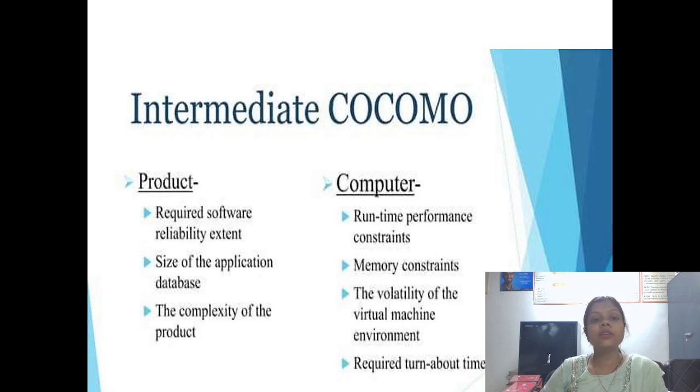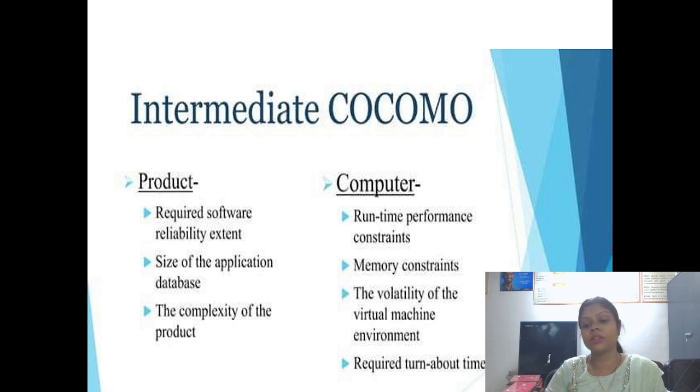In intermediate COCOMO, product and computer were differentiated. Product means required software reliability, and computer means runtime performance and constraints. In product, size matters, and in computer, memory matters, virtual machine volatility and turnaround time and requirements, all this.